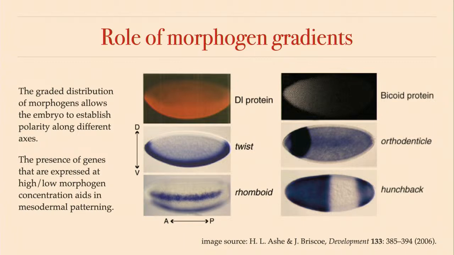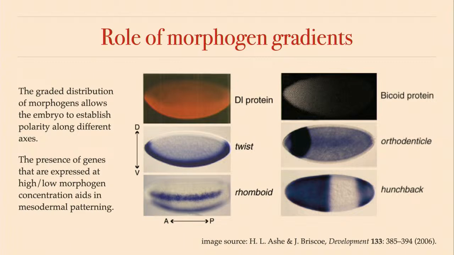So the morphogen levels play a role in some downstream process, giving rise to variable expression levels of genes downstream, which have a subsequent role in patterning.